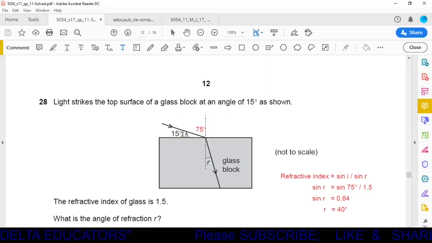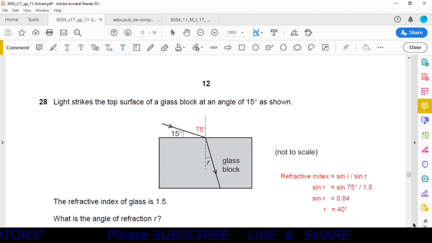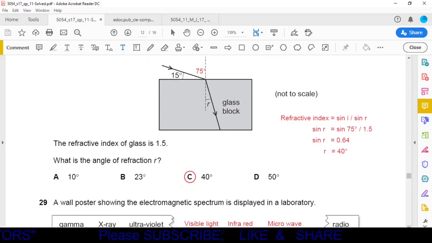Here this angle is given as 15 degrees, and here this angle is 90 degrees. So the angle between the incident ray and the normal will be equal to 75 degrees. So the angle of incidence is 75 degrees, the refractive index is given as 1.5, and by solving this we will get the angle of refraction, which is equal to 40 degrees. Now 40 degrees is given in option C, so option C is the correct one.